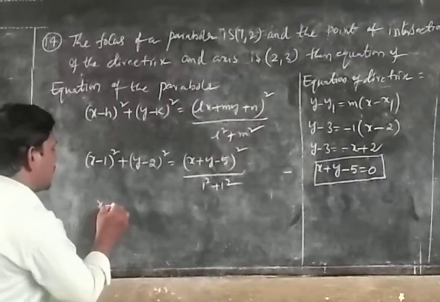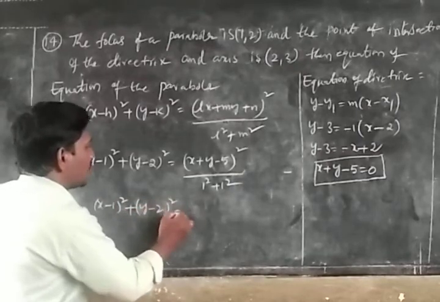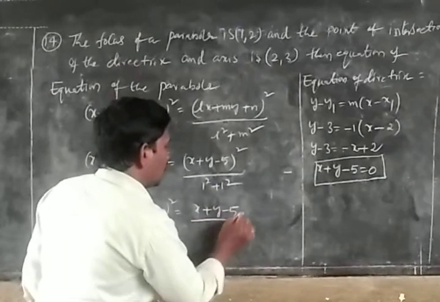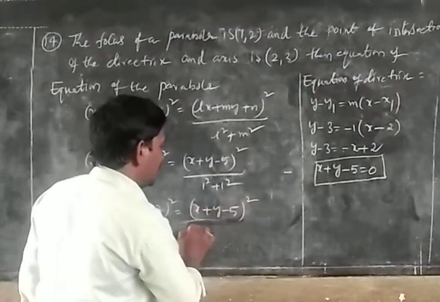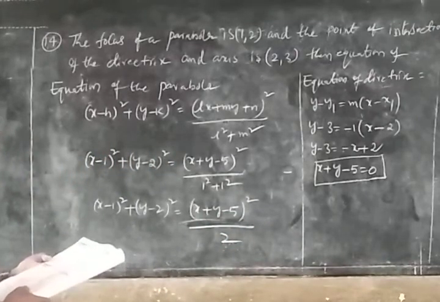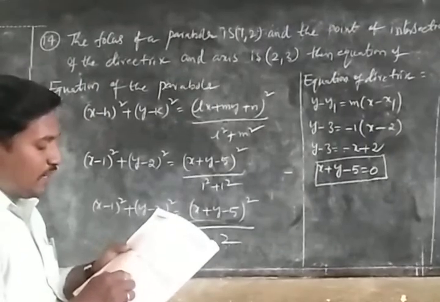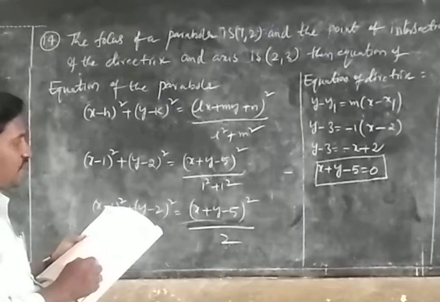Again, (x minus 1) whole square plus (y minus 2) whole square equals (x plus y minus 5) whole square by 2. So option 2: (x minus 1) whole square plus (y minus 2) whole square equals 1 by 2 into (x plus y minus 5) whole square.